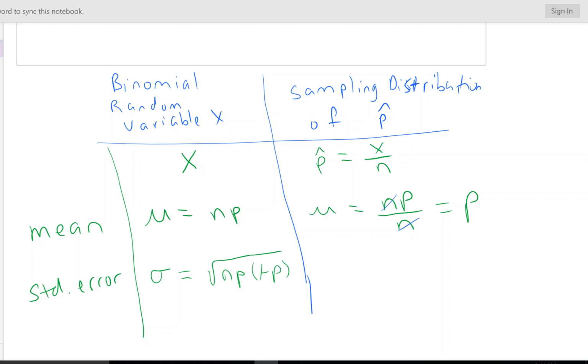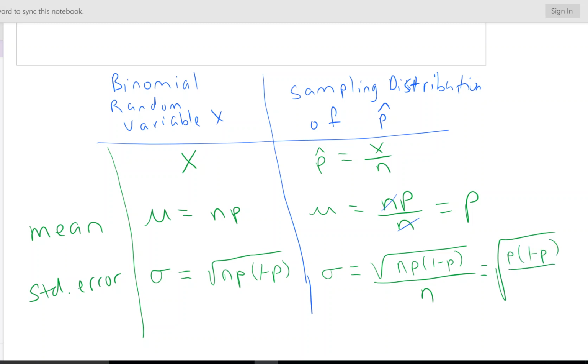The standard error for the sampling distribution of the sample proportion, if you take the formula that we started with for the standard error, n times p times 1 minus p, and you divide it by n, you get the square root of p times 1 minus p over n, the square root of all that.